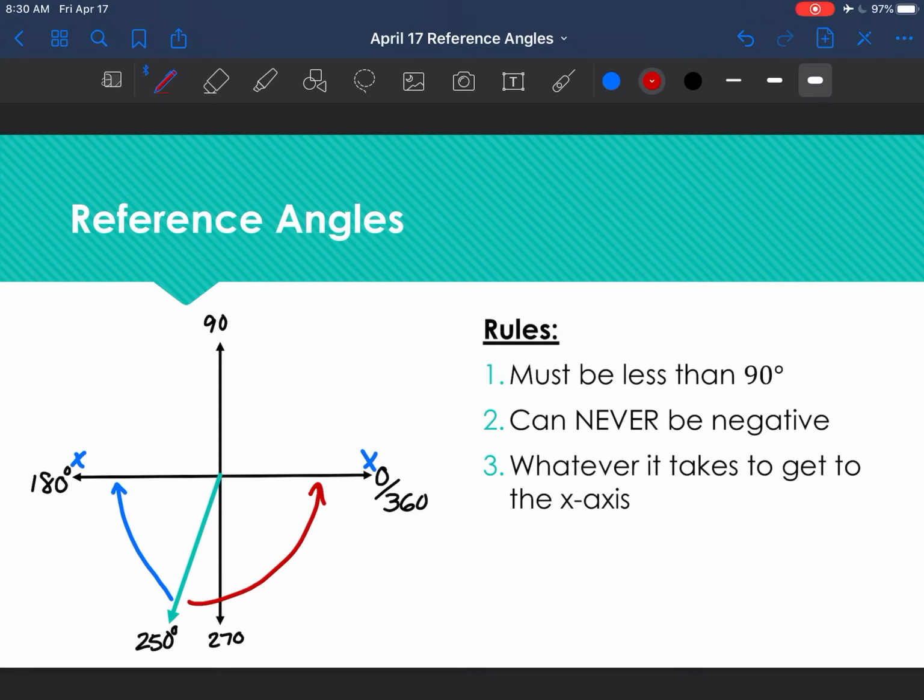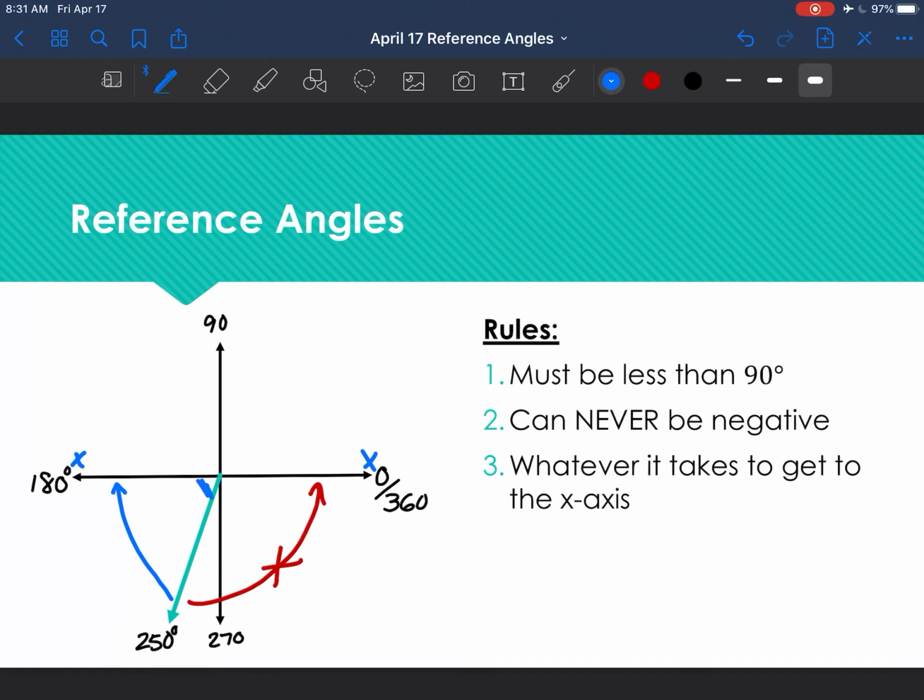The way you know which one is these rules here. The reference angle must be less than 90 degrees. So if the reference angle has to be less than 90 degrees, out of these two, which one looks like it's less than 90? Exactly. It can't be the red one because it's way past the quarter turn. It has to be the blue one.